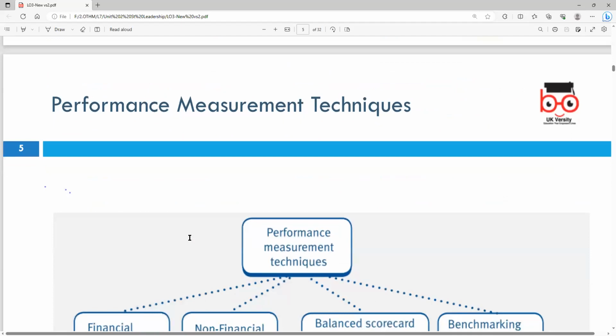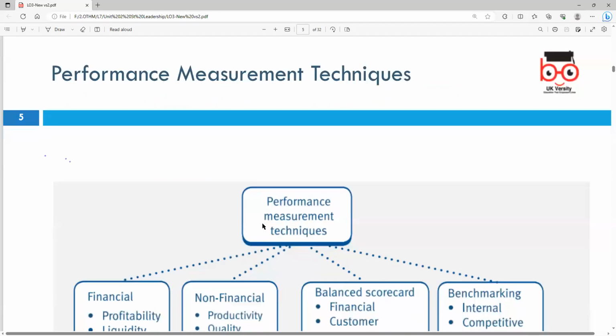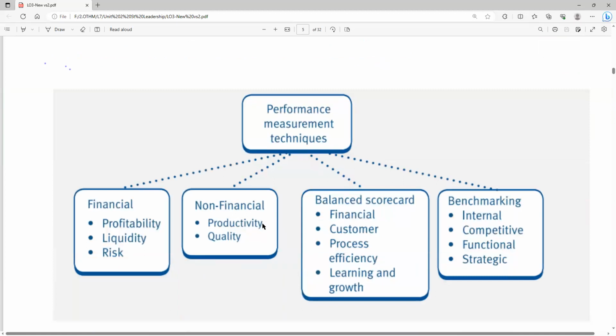For performance measurement, there are a lot of different techniques and ways we can use. There are financial techniques and benchmarking techniques. Financially, we can measure performance by different ratios, for example, profitability ratios, liquidity ratios, risk ratios, capital growth ratios, and using assets efficiently.